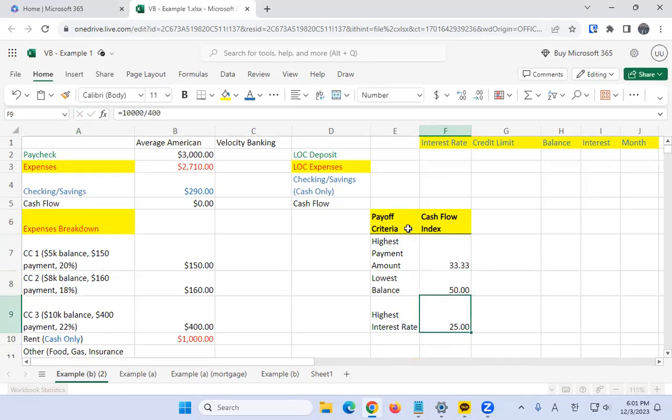So anything that's the lowest number, we're going to pay off first. So we're going to pay off this credit card 3 first, then credit card 1 and credit card 2, right? So it ignores the interest rate. That's the only disadvantage of that, but it's based on how much cash flow you get compared to the amount that you pay off in the loan.